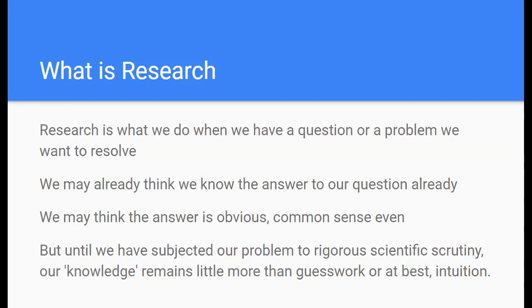Some people may think the answer is obvious or common sense, but we still have to subject our problem to rigorous scientific scrutiny. Otherwise our knowledge remains little more than guesswork or intuition. If we just think, it results in common sense. So you have to subject it to scientific scrutiny and doubt a lot of things.